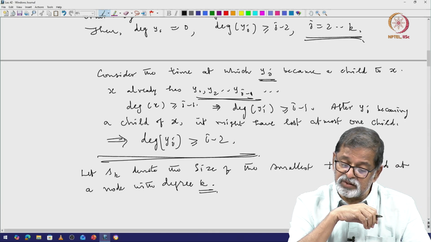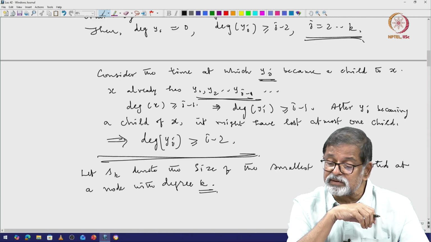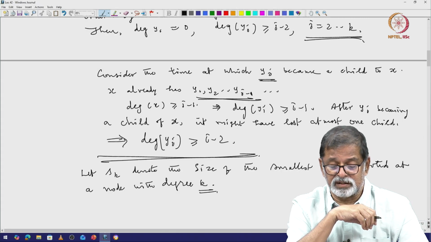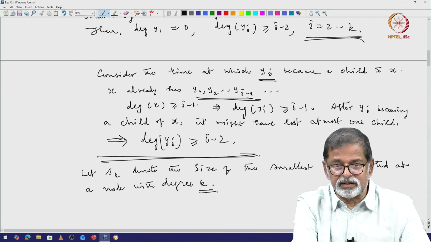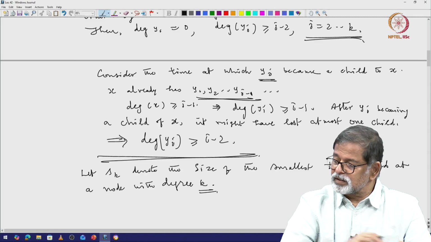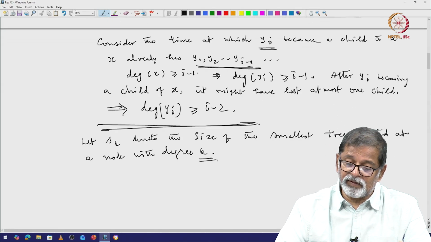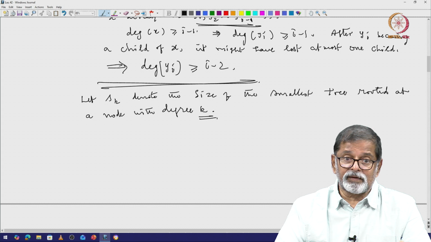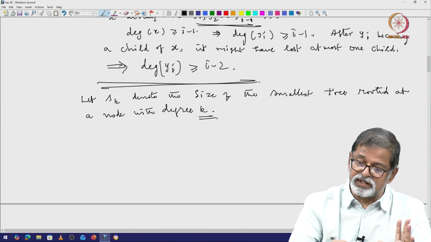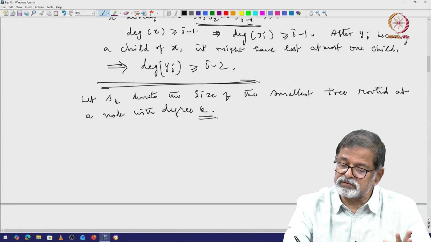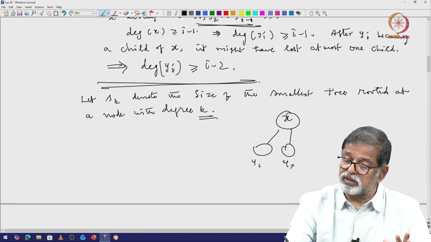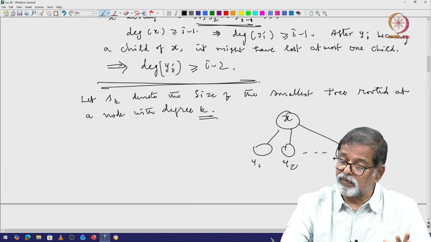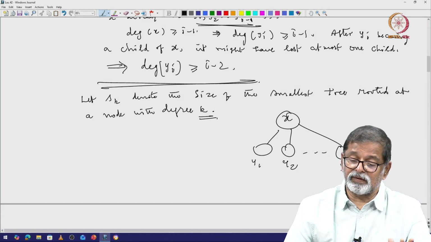Let Sk denote the size of the smallest tree rooted at a node with degree k. Now, your x which has a degree k is looking like that: x, y1, y2, ..., yk.